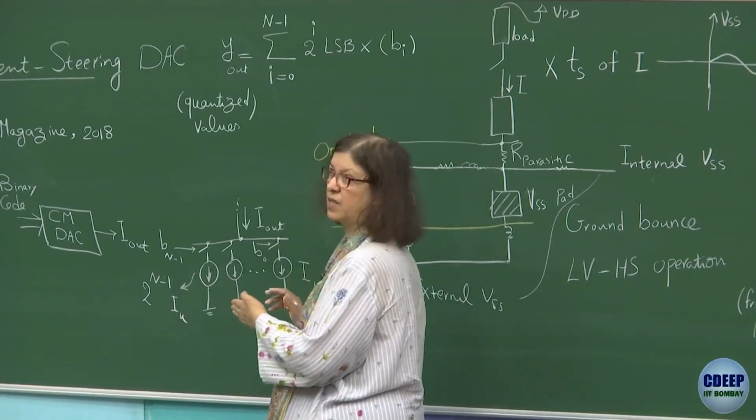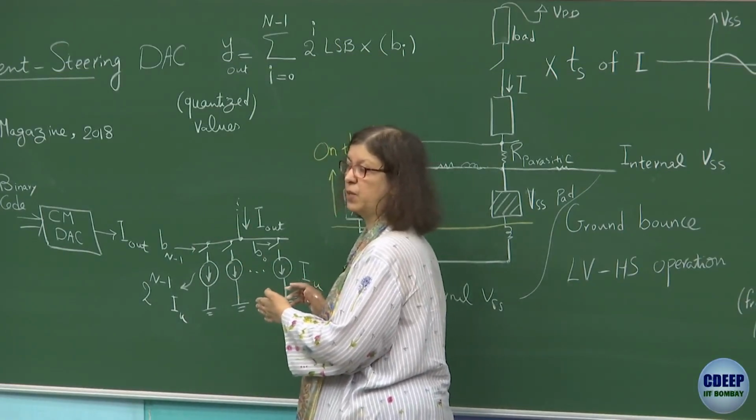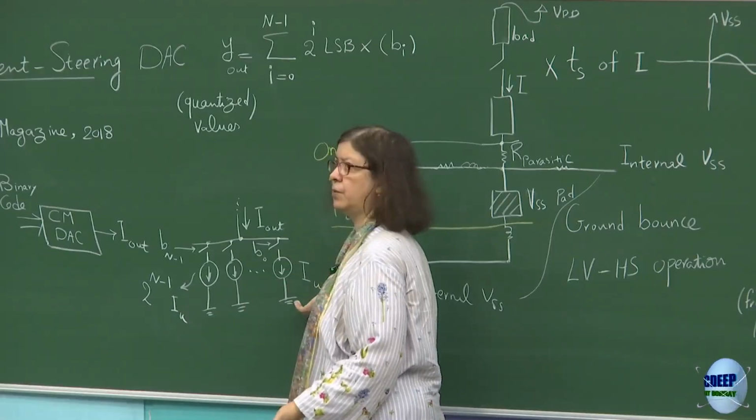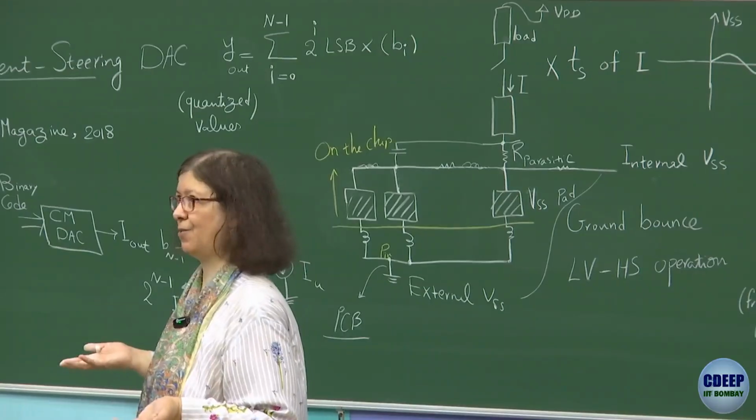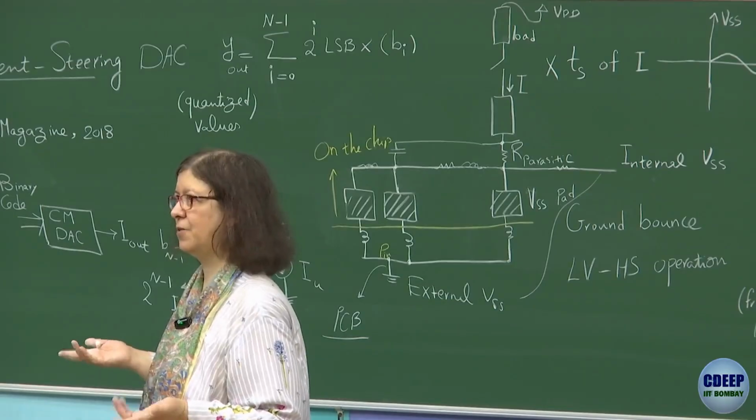That's why it is full scale. Only 1 bit: 1 bit DAC will be only IU and 0. So it is IU and minus IU eventually. So it will give you 2 IU.